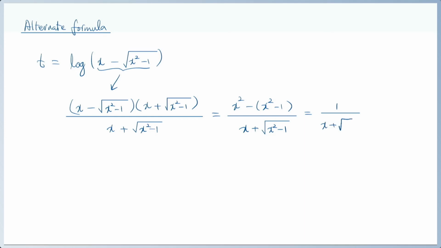Up here we get a nice cancellation, and we end up with 1 divided by x plus root x squared minus 1. Now allow me to rewrite it as root x minus 1 times root x plus 1. I factored it and split the radical. And here comes a little bit of algebra. Before I do the algebra, let me multiply both top and bottom by 2.